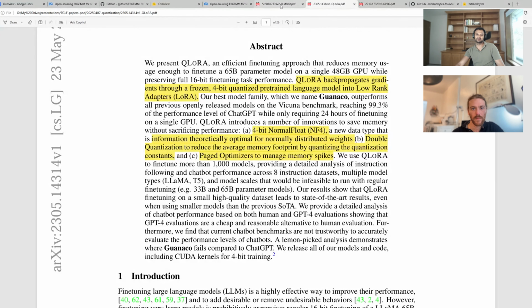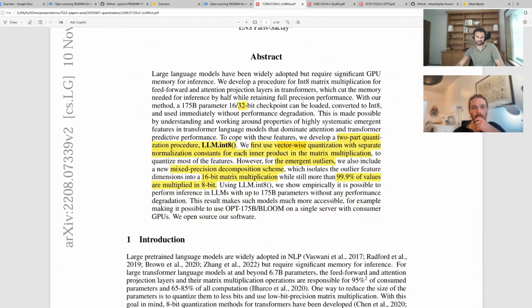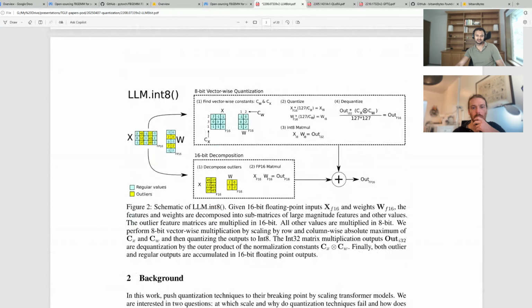In the previous LLM.int8, we looked at some scaling terms. They were in a higher precision, so we multiply by some scalars. For instance, you can see, even though we're quantizing to 8-bit here, the scalar is still 16-bit. So when we say int8, it's not entirely 8-bit. The majority of it is 8-bit.